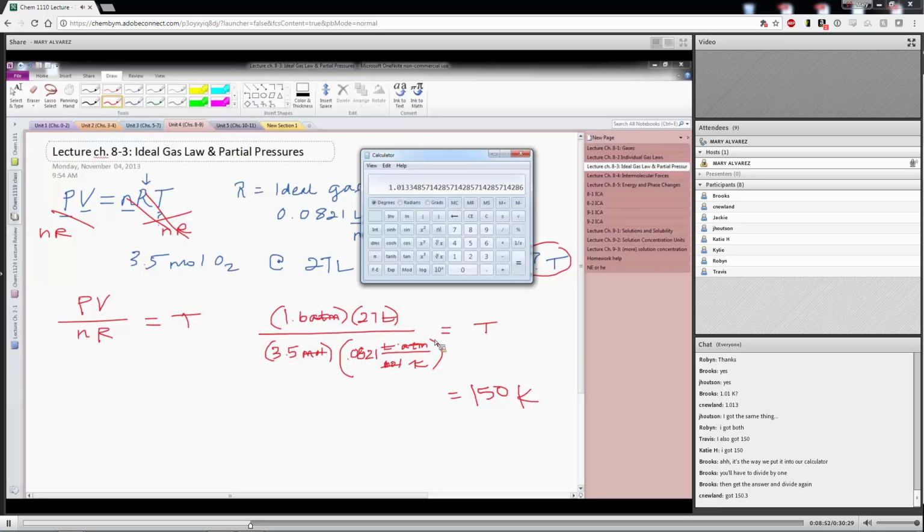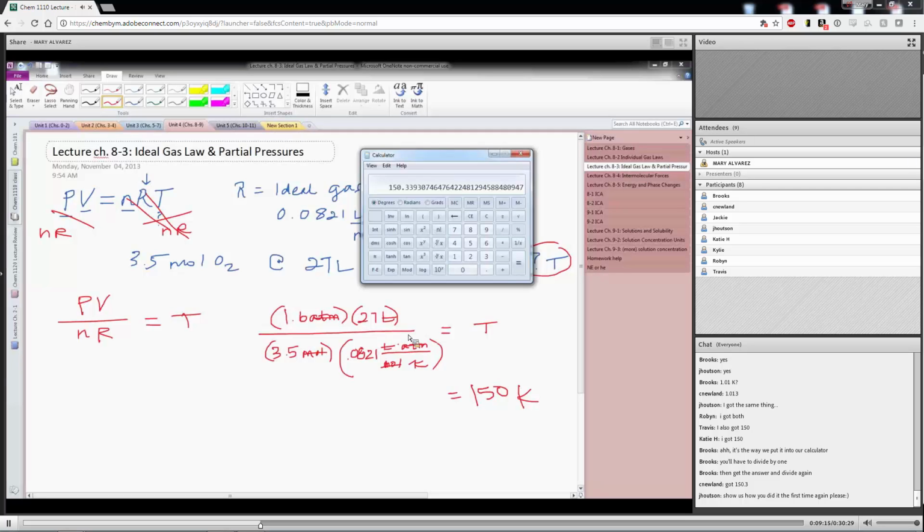If you want to do that, you have to use parentheses to tell it the order of operations. 1.6 times 27, divide by parentheses 3.5 times 0.0821, that should have gotten you the answer.